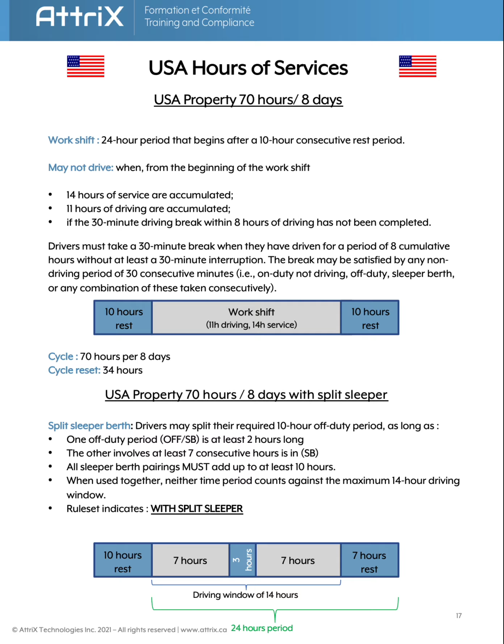So you can have a 14-hour driving window or a 17-hour service window. This is really interesting when properly used. If you want to do a split, you need to assign yourself in Geotab Drive to the cycle USA property 70 hours, 8 days with split sleeper.